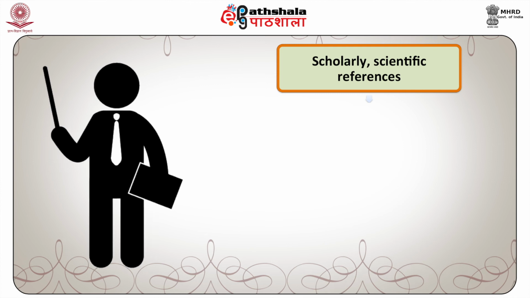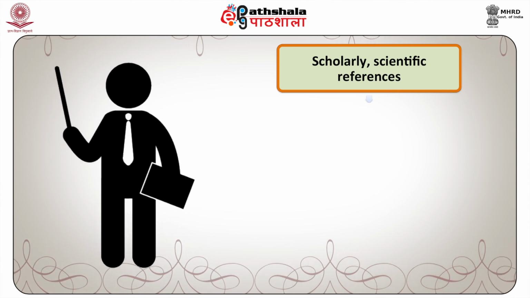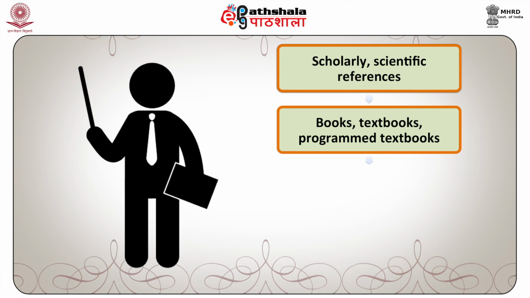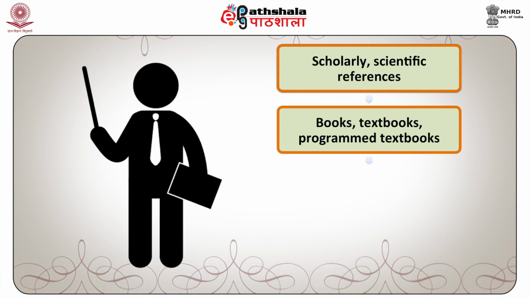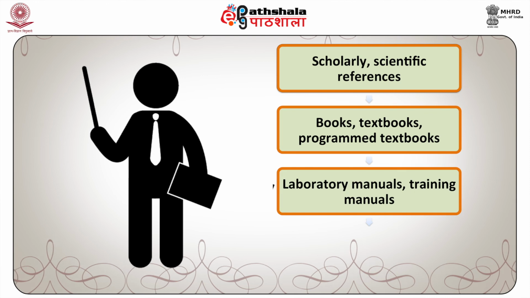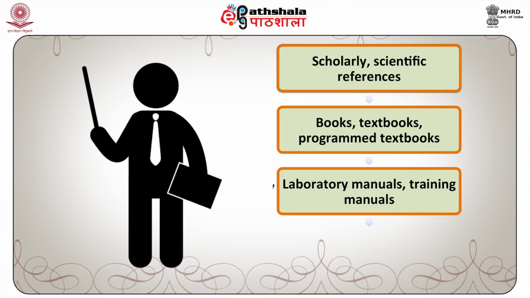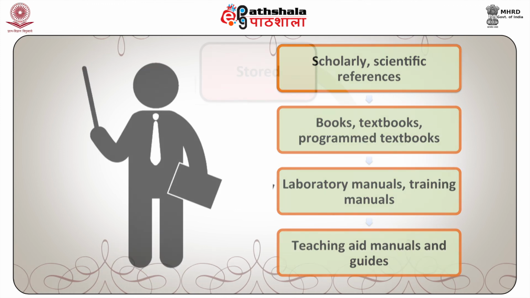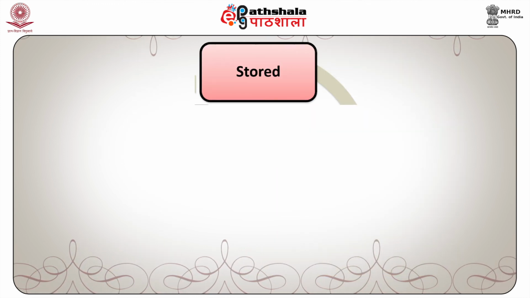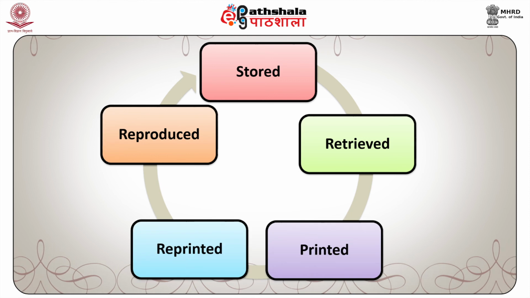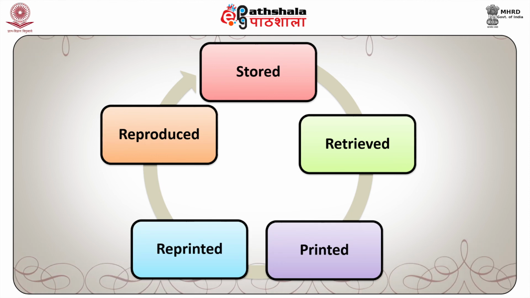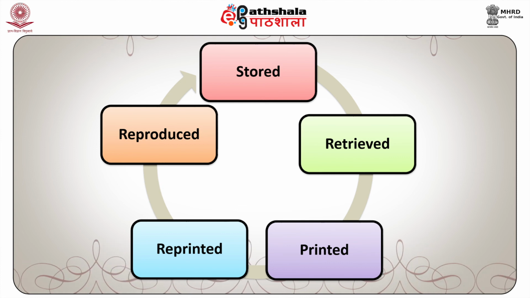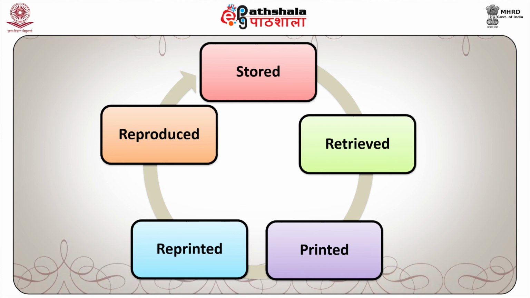Print materials may be scholarly, scientific, references, teaching and instructional materials such as books, textbooks, program textbooks, laboratory manuals, training manuals, and even teaching aid manuals and guides. These can be stored, retrieved, printed, reprinted, and reproduced as newspapers, newsletters, magazines, brochures, books, etc.